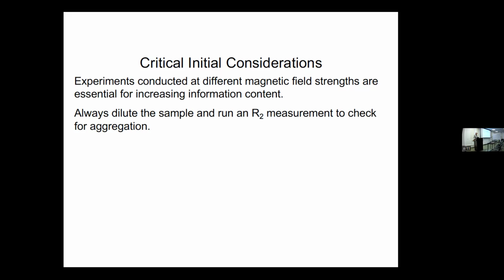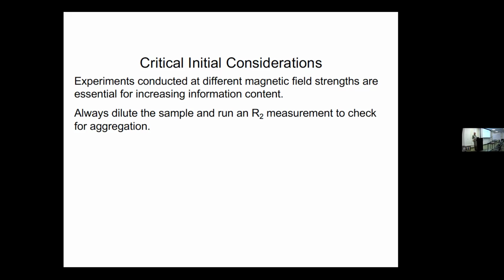That's usually either aggregation making the fitting process not proper, or the models don't include enough diffusion anisotropy. Anyhow, you can always dilute the sample and run an R2 and make sure that the R2s are independent of concentration.